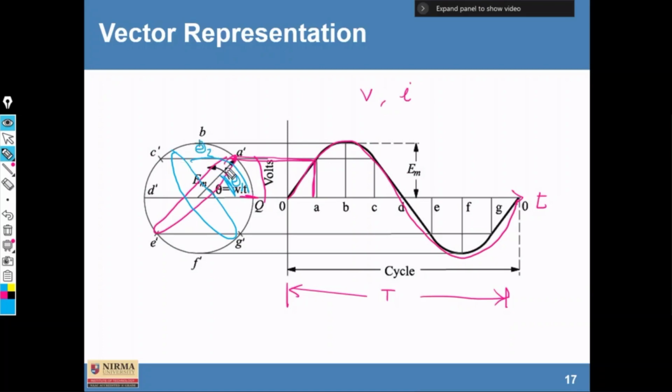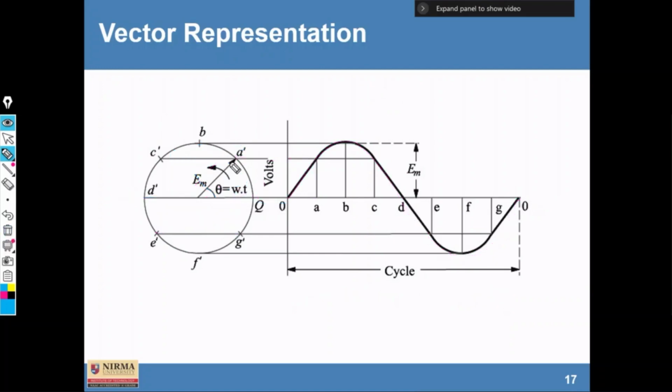Therefore, these two different quantities we can represent in the same waveform diagram, with the coils making an angle with the axis. Similarly, we can also convert this into a vector form. So this is your first vector.